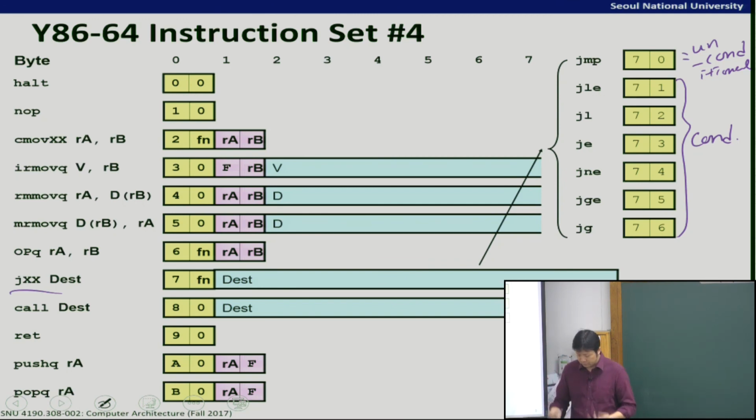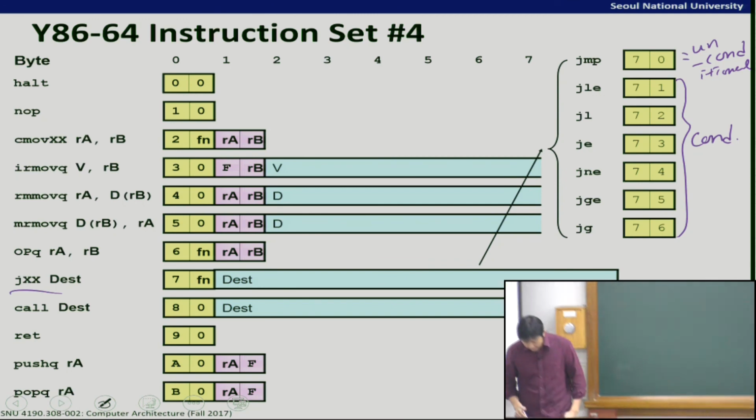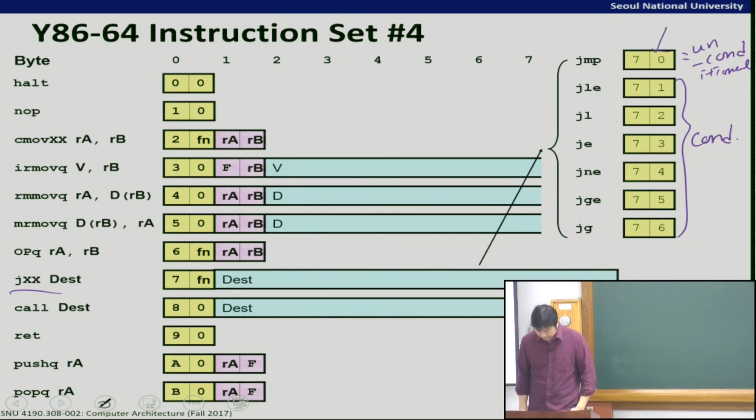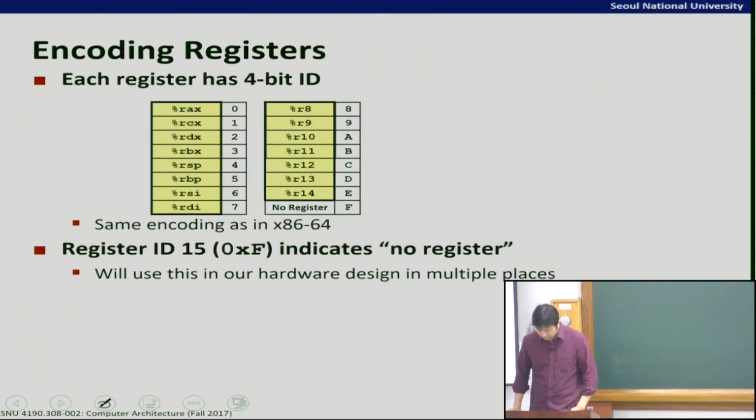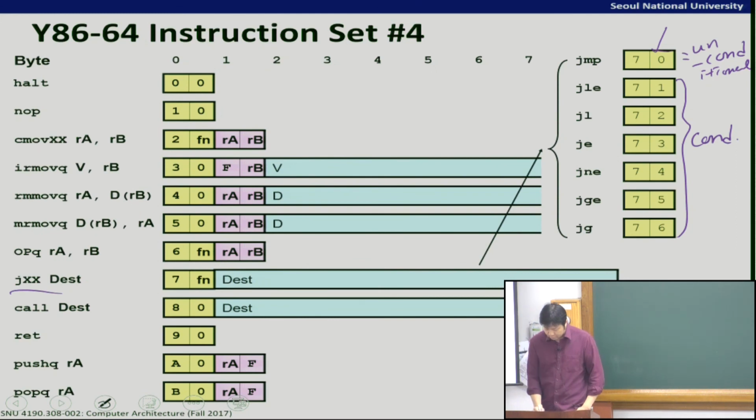It's conditional. And this is the encoding of the variety of jump and branch instructions, unconditional and conditional jumps. Call instruction, return, you already know what they are, and push and pop, you already know what they are. And this F thing is basically constant F.